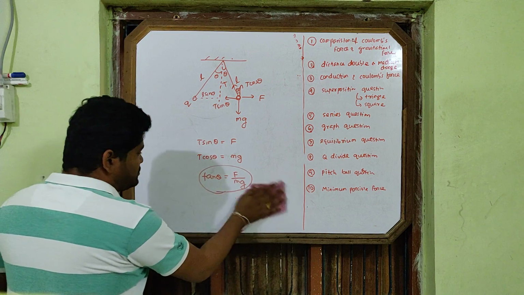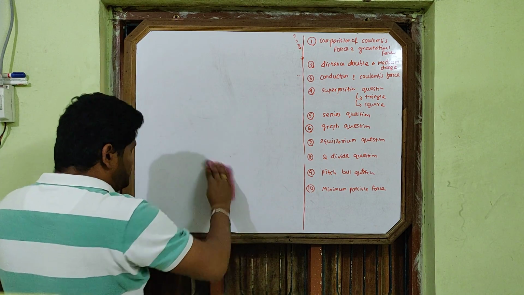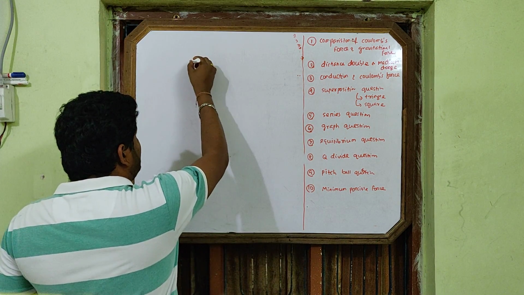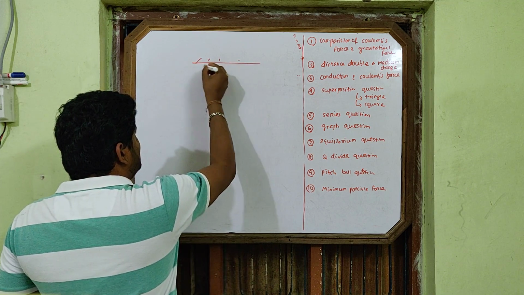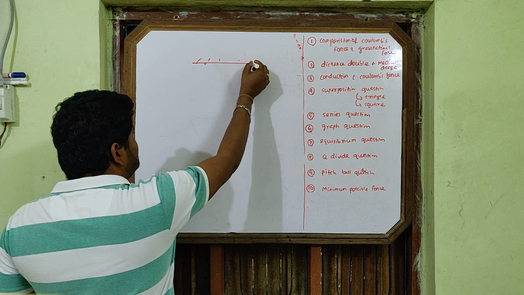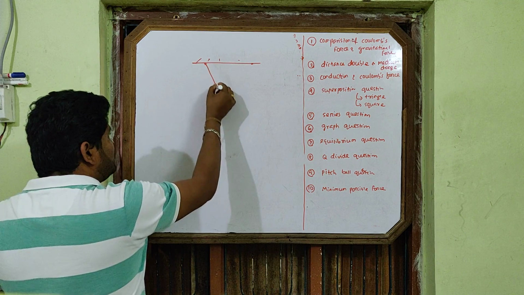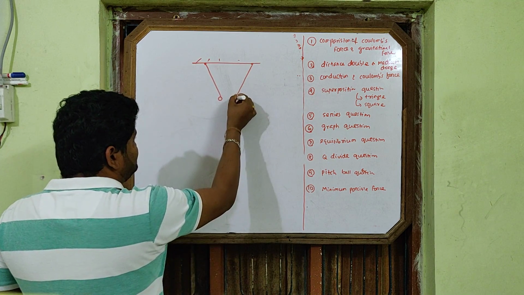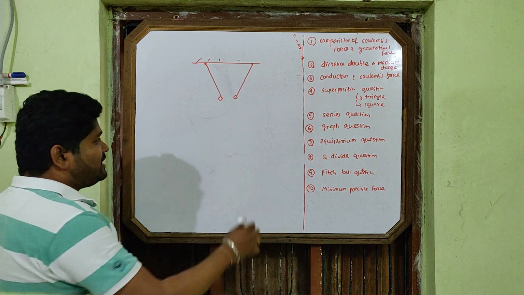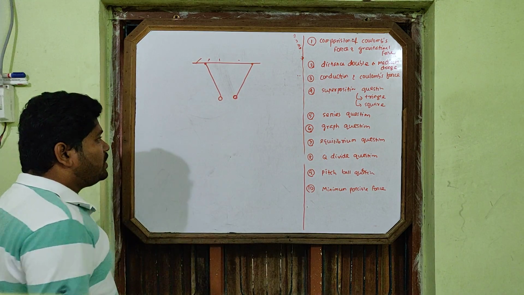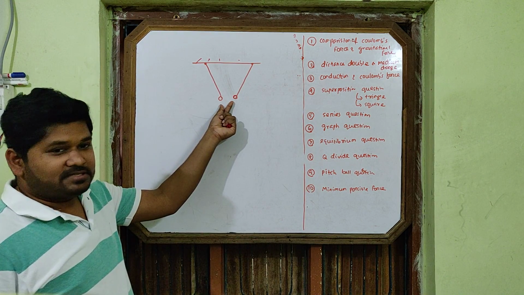If I am doing another pith ball question where both are unlike charges, they generally hang like this, from one point and from another point. If they are unlike, they attract each other, so they remain like this.